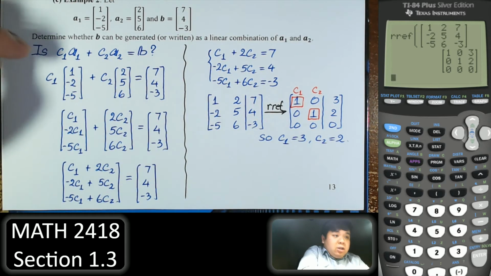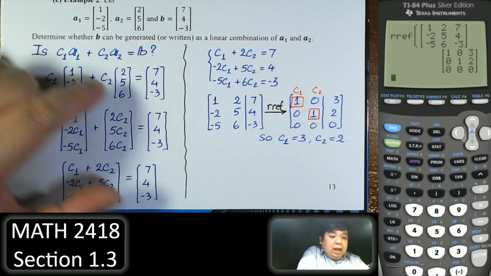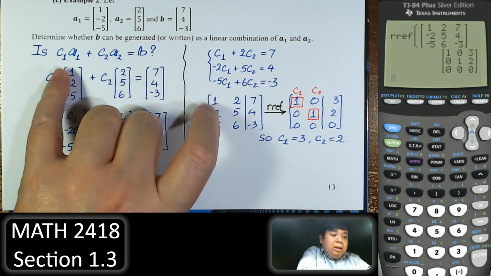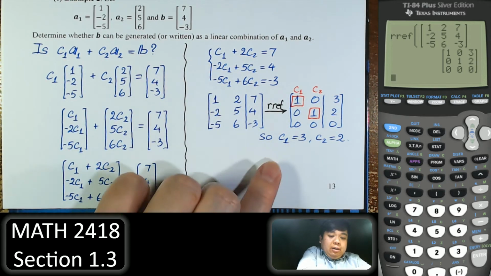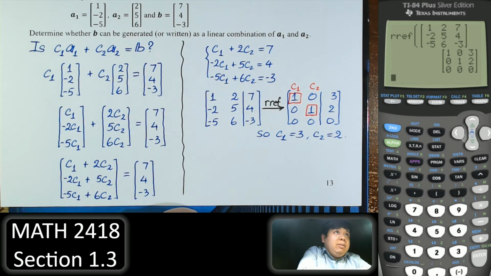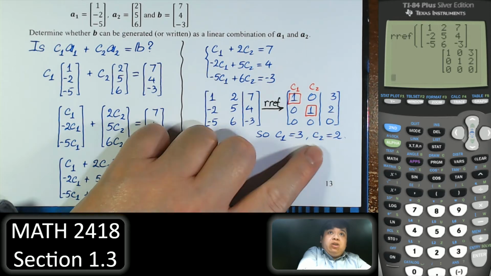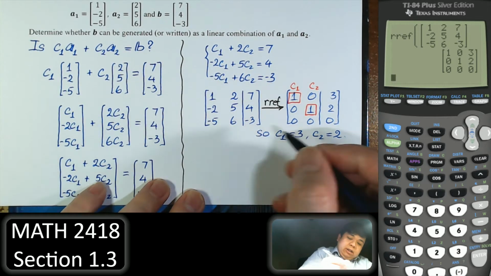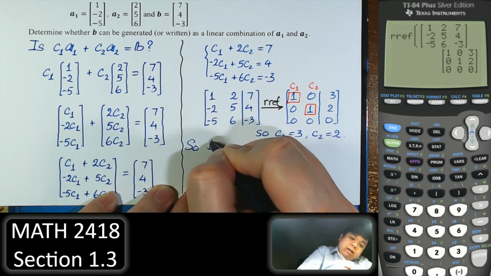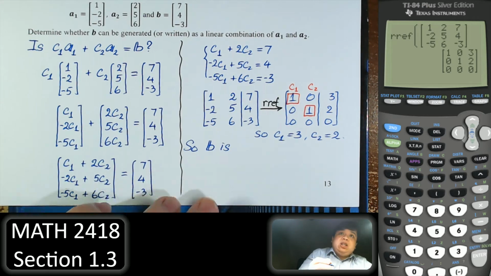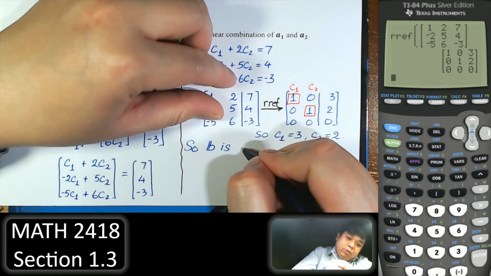Because this equation has a solution, C1 and C2, we say B is a linear combination of A1 and A2 because there is a solution.